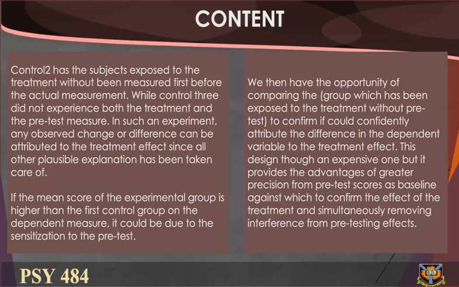We then have the opportunity of comparing the group which has been exposed to the treatment without pretest to confidently attribute the difference in the dependent variable to the treatment effect. This design, though an expensive one, provides the advantages of greater precision from pretest scores as a baseline against which to confirm the effect of the treatment, and simultaneously removes interference from pretesting effects.